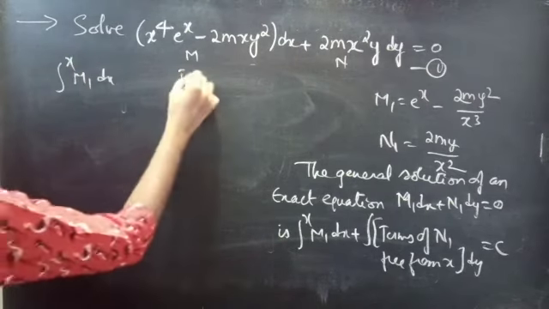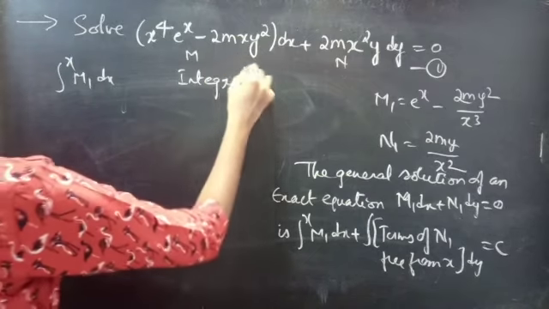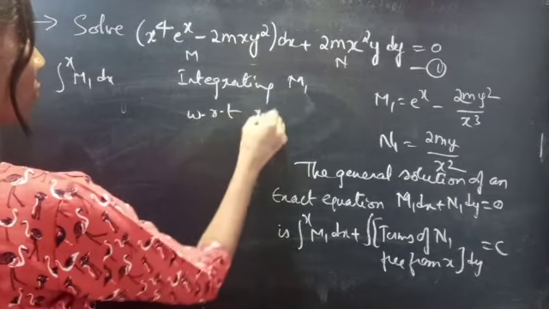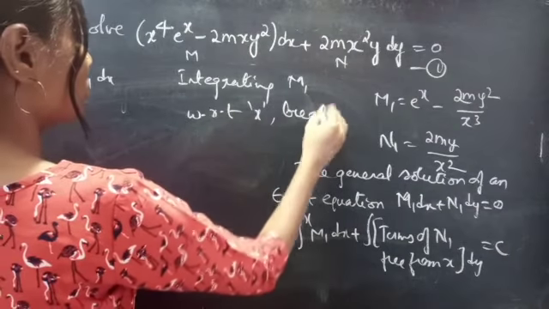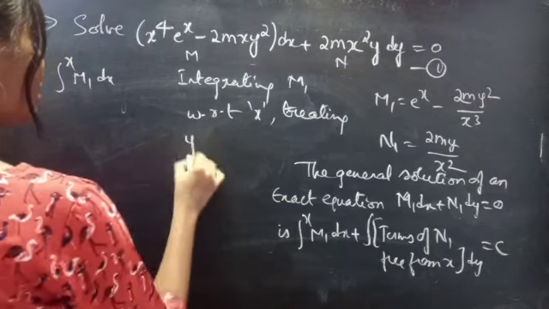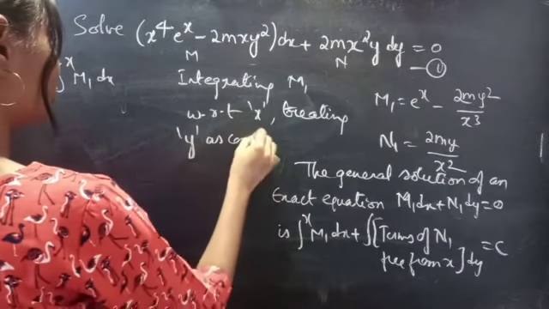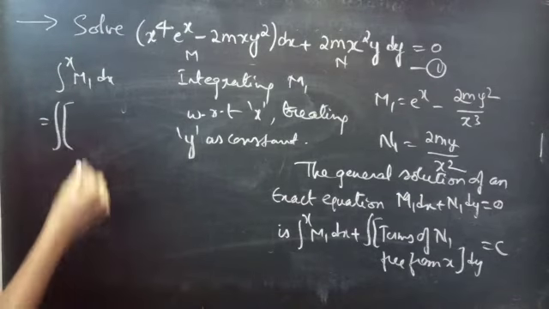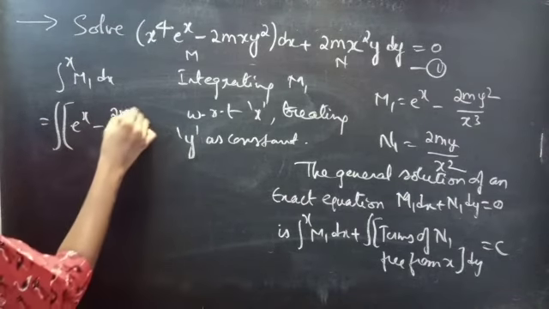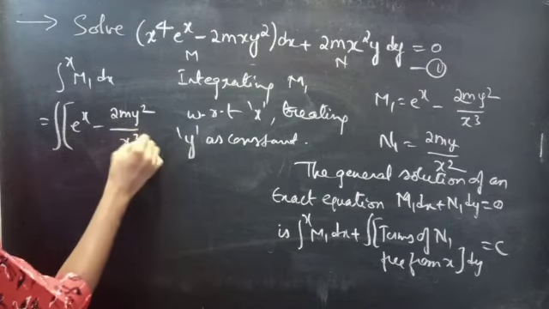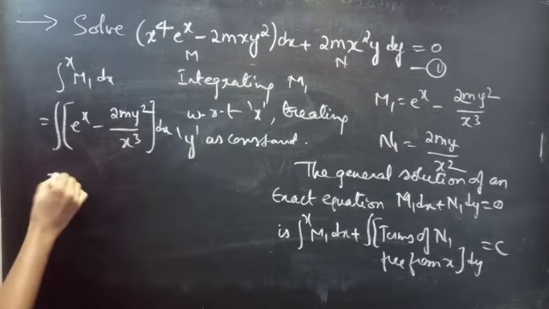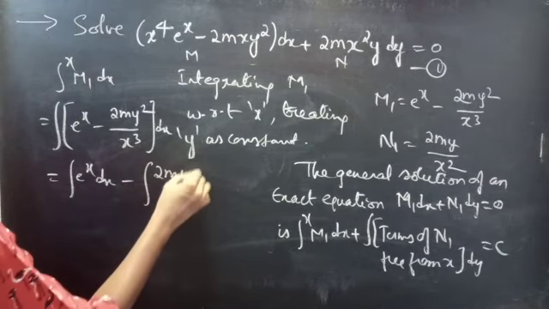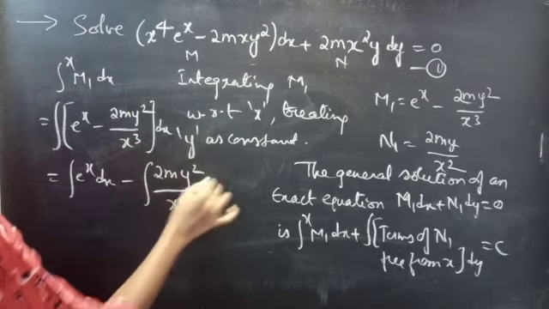Here we'll be integrating m1 with respect to x, treating y as constant. Okay, this is equal to integral of e power x minus 2my square by x cube into dx, which is equal to integral e power x dx minus integral 2my square by x cube into dx.